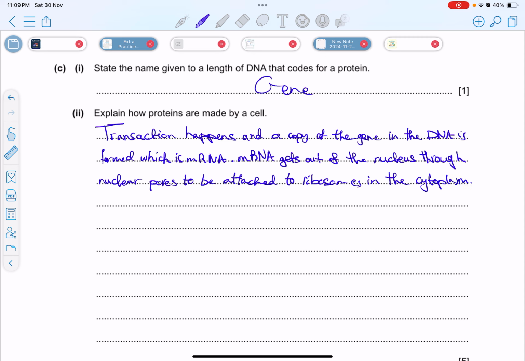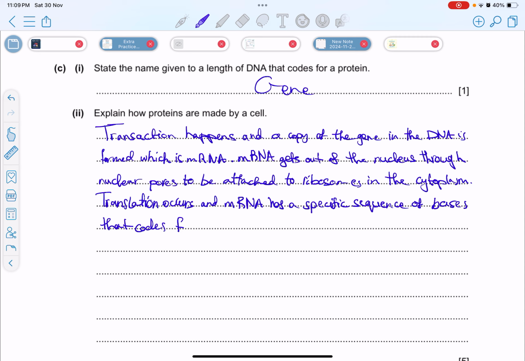Here, this is the second part of our journey, which is translation. Translation occurs, and mRNA has a specific sequence of bases that codes for a specific sequence of amino acids.